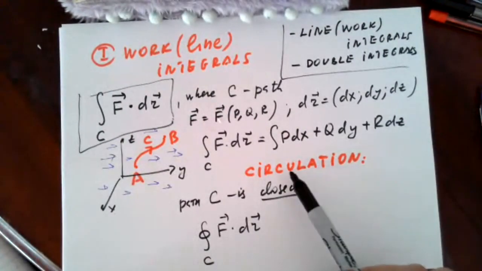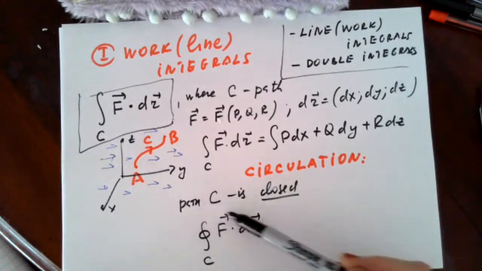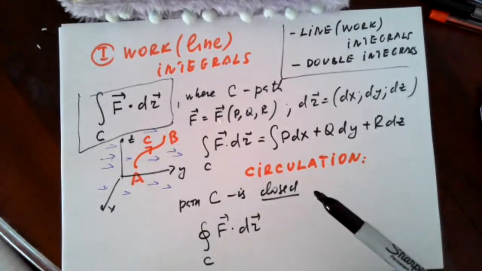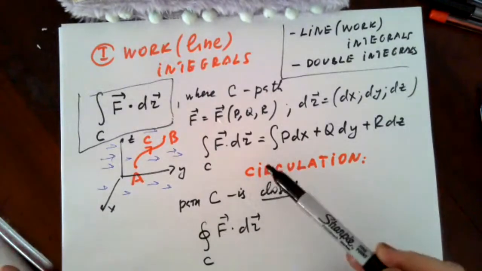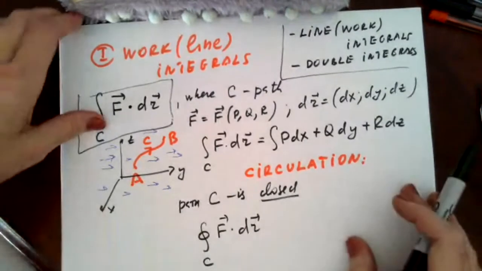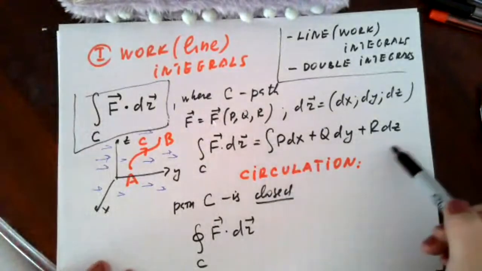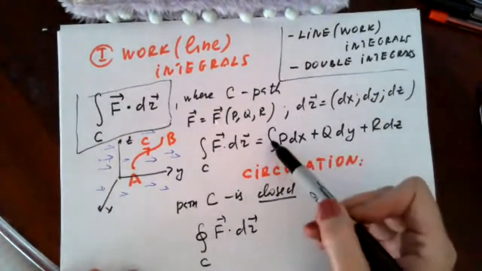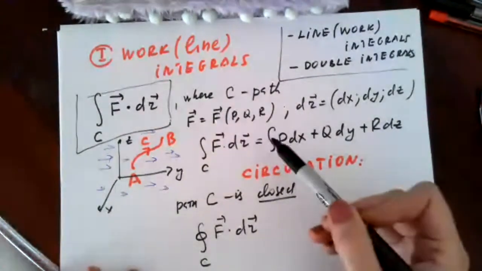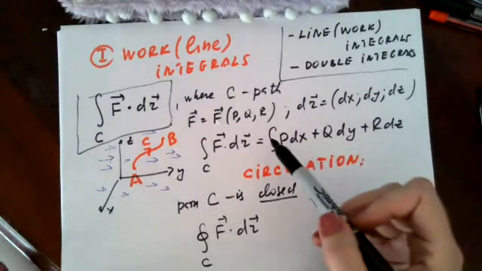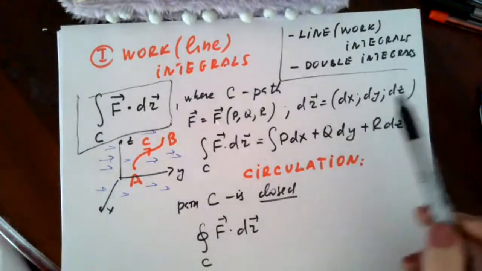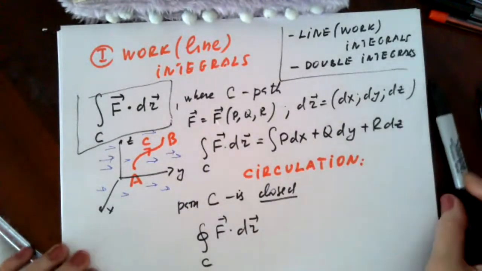So circulation is actually work done along a closed path. This is the only difference. And we are going to deal with both of them simultaneously. The integral looks the same, but the only difference is this notation, just to draw your attention to the fact that this is circulation, not ordinary work.